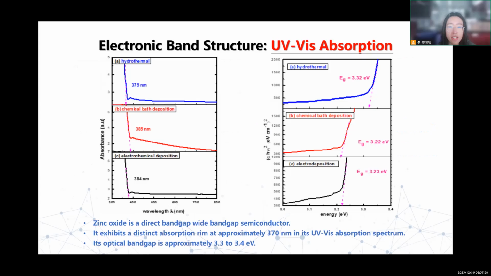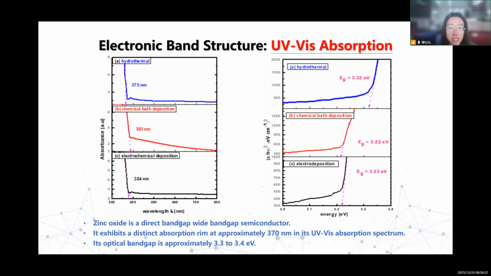And then is electronic band structure, UV-Vis absorption. The UV-Vis absorption spectroscopy reflects the electronic band structure of zinc oxide. You can see the first picture is zinc oxide prepared by 3 different methods. One is hydrothermal, then chemical bath deposition, and then electrochemical deposition.